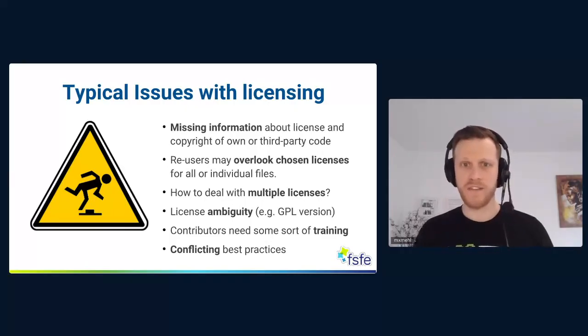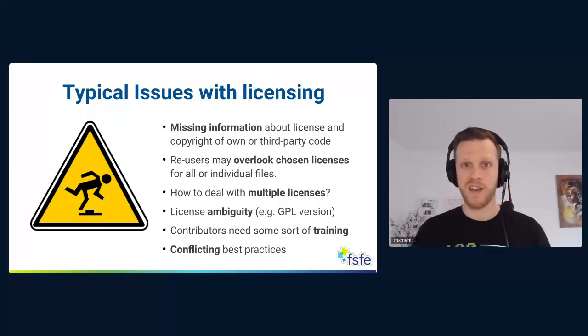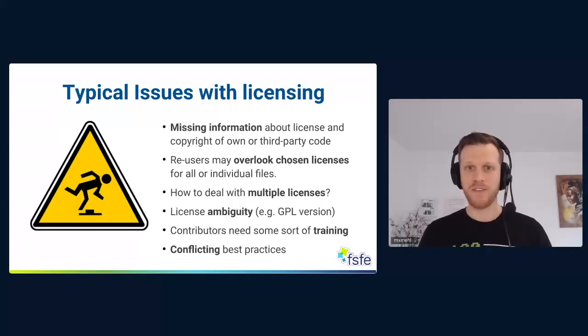Which brings us to the next issue, how to deal with multiple licenses. You may be aware of some guidelines on how to set one license for a repository, but what if you have 2, 3, 4, or even more? That's quite realistic.